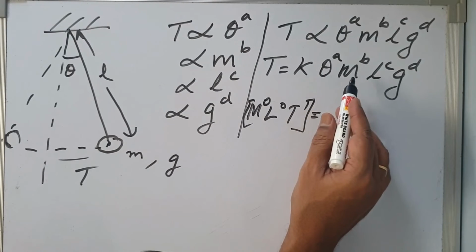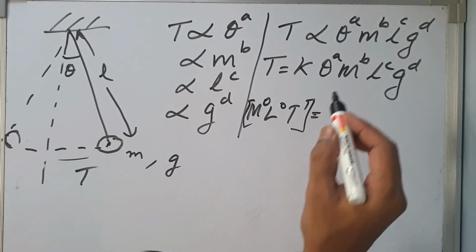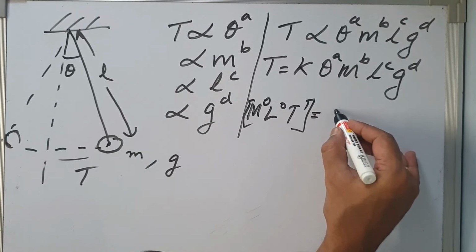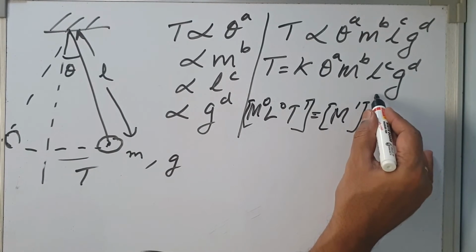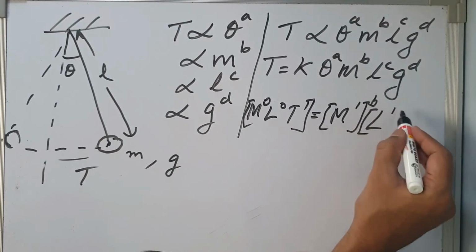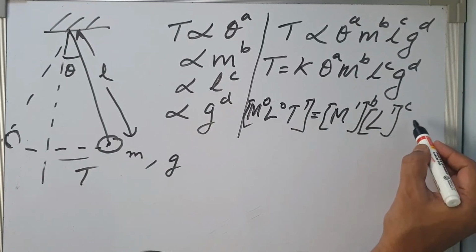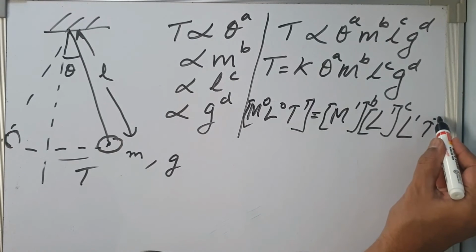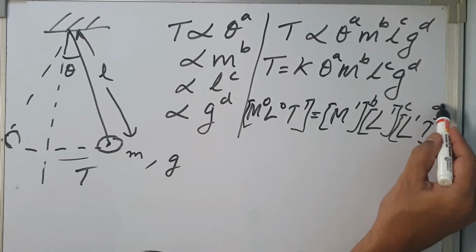Theta also has no dimensions. Angle has no dimension. It's a dimensionless variable, so no dimension for theta to the power of a. Mass, M^1 to the power of b, L^1, length to the power of c. Acceleration, what is that? L^1 T^-2, to the power of d.